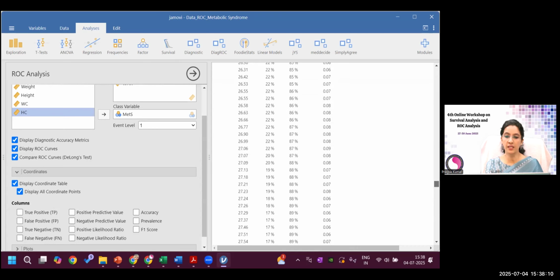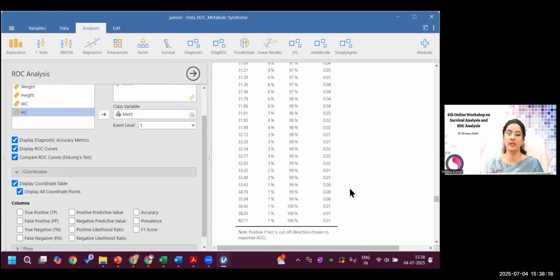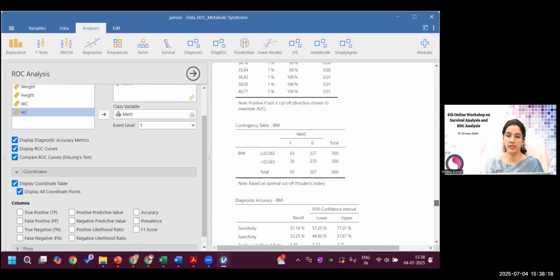That's why it is taking so long. You don't need to put this actually; it is just to show you how it calculates the Youden's index. Actually it gives you the one value of Youden's index, which is the maximum value.